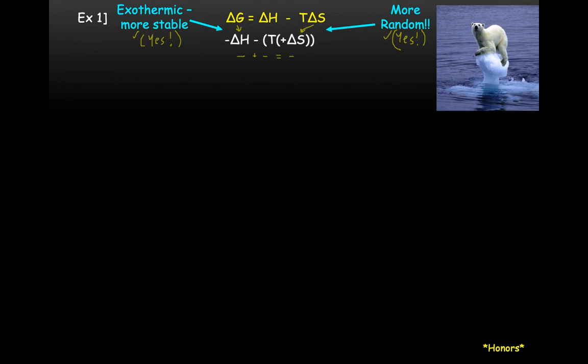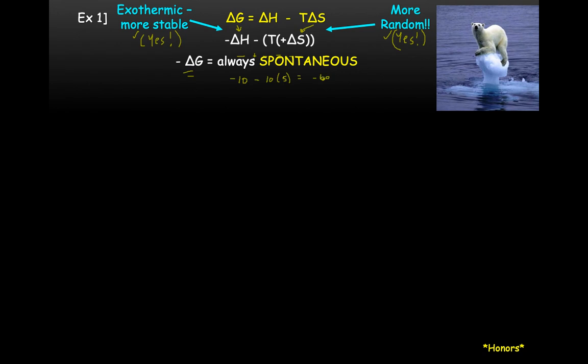If you combine these, you always get G being spontaneous. For example, let's say delta S is 5 and delta H is minus 10. You would get minus 50 and minus 10, which would be minus 60.